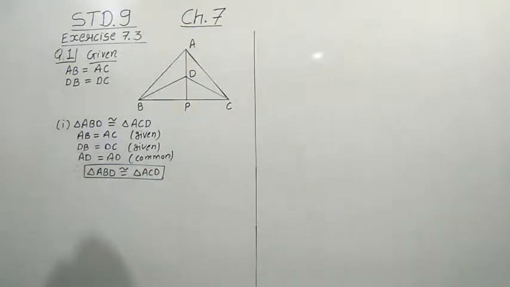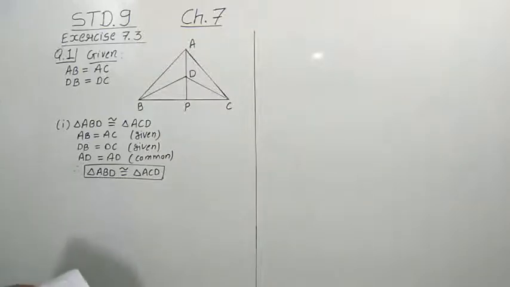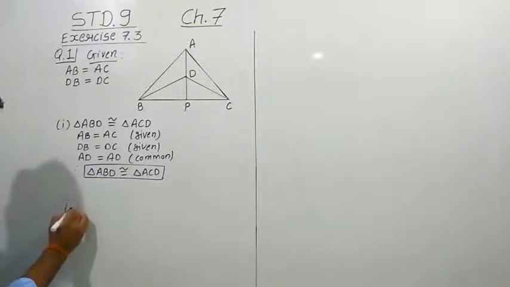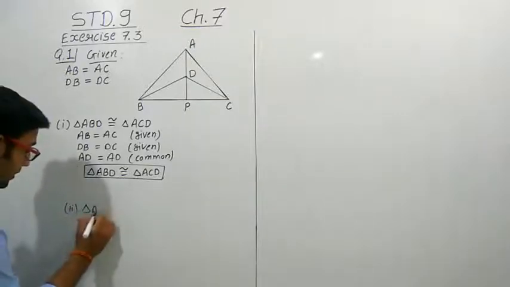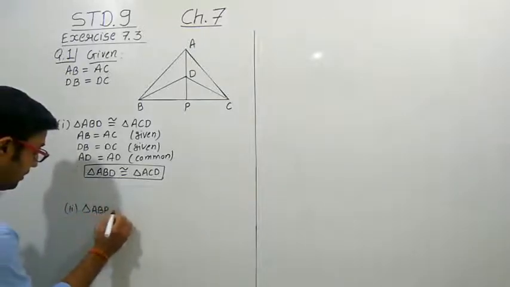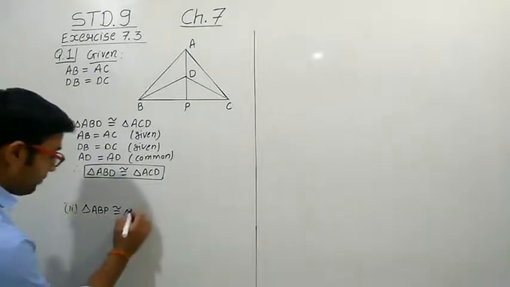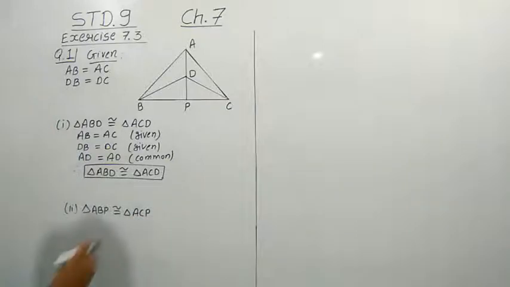Right? Now the second thing we have to prove is that triangle ABP is congruent to triangle ACP. Now where is triangle ABP?